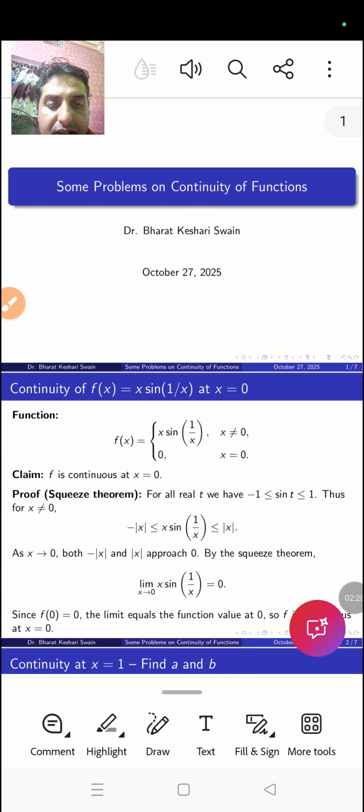We will apply this theorem in this problem.